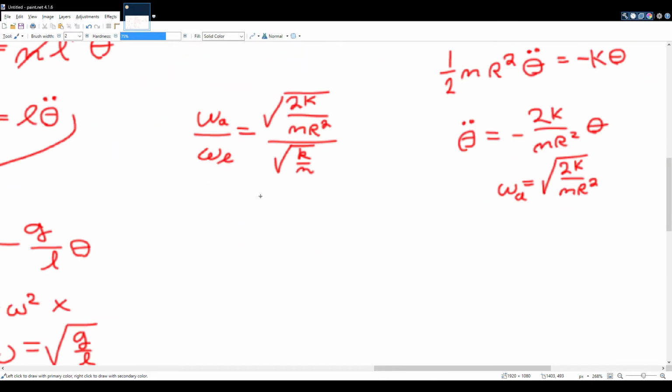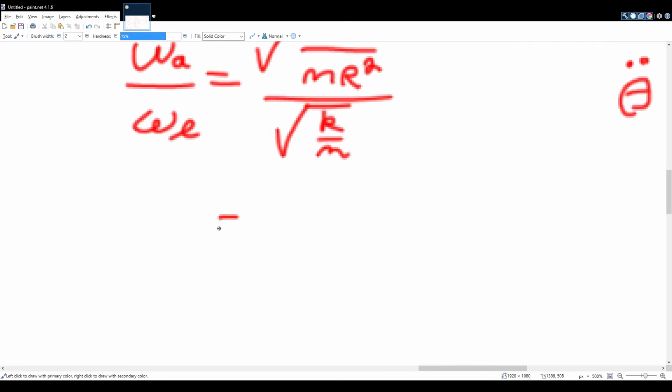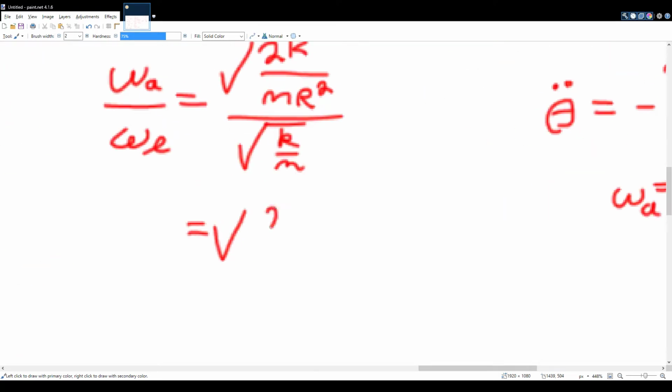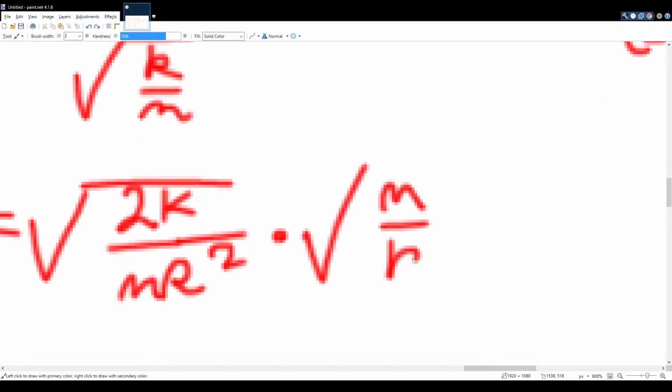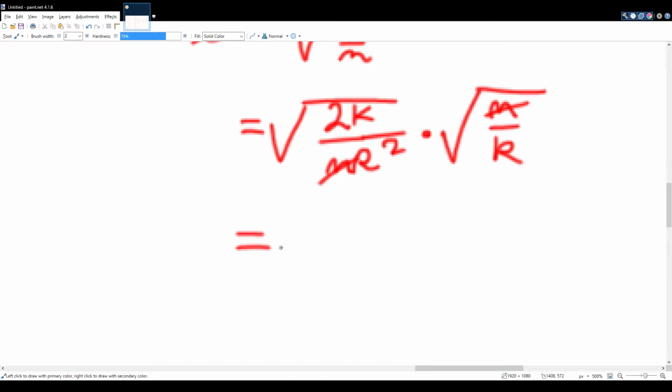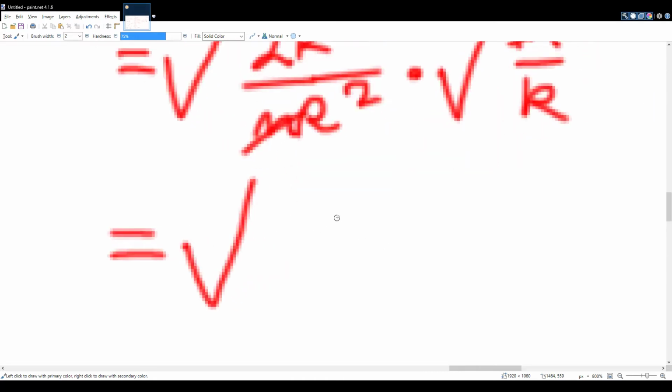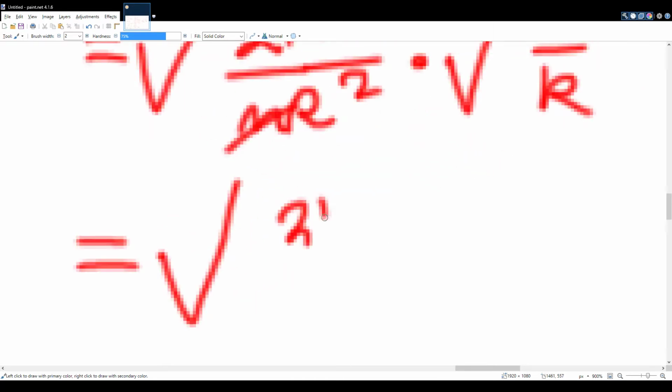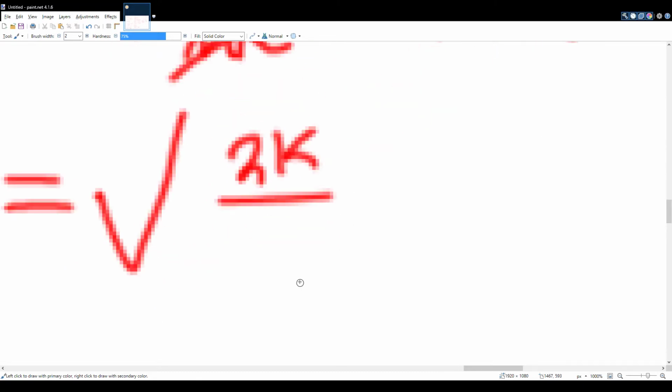Multiplying by the reciprocal, that is the denominator, will give us the square root of 2 chi divided by mr squared times the square root of m over k. If we notice something really neat here, the masses cancel completely, and we're left with the ratio is equal to the square root of 2 chi divided by kr squared.